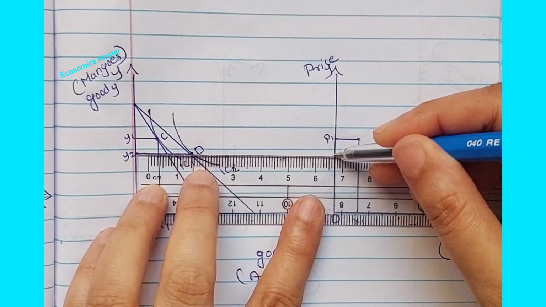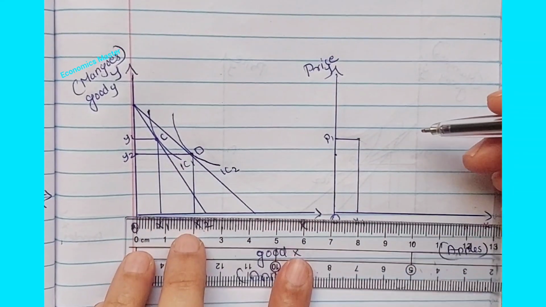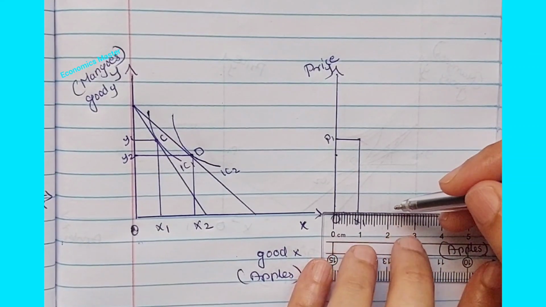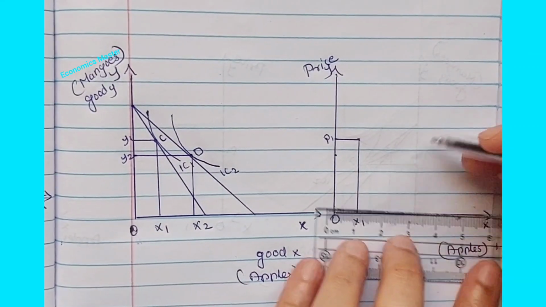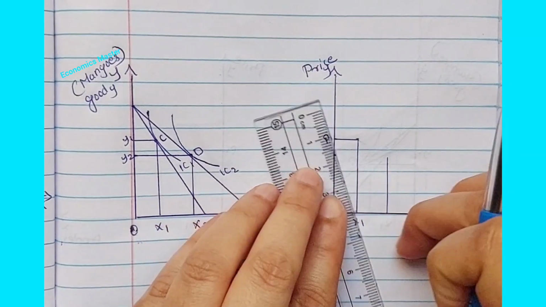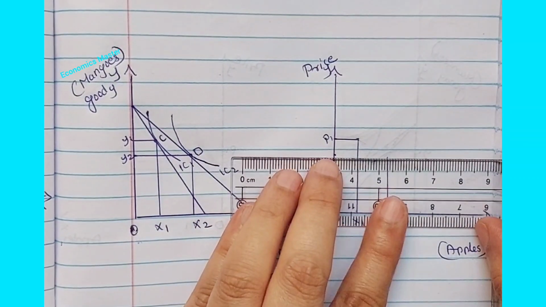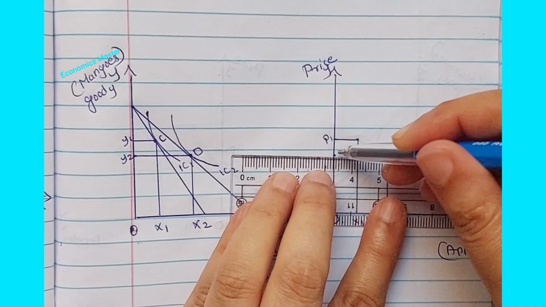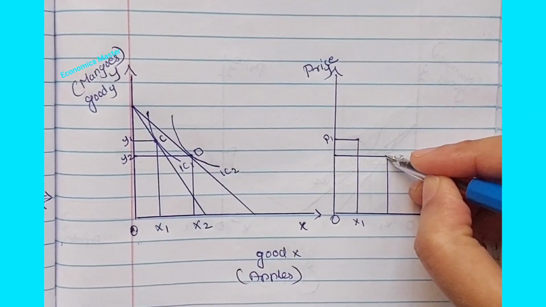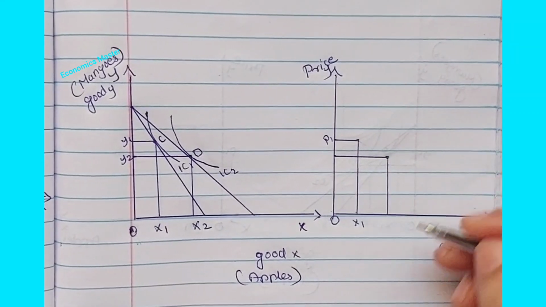When the price decreases, the demand for apples increases. She will substitute apples for mangoes. So the new price is P2 and the new quantity is X2. Plot P2 and X2 in figure 2 to get the second point on the demand curve.